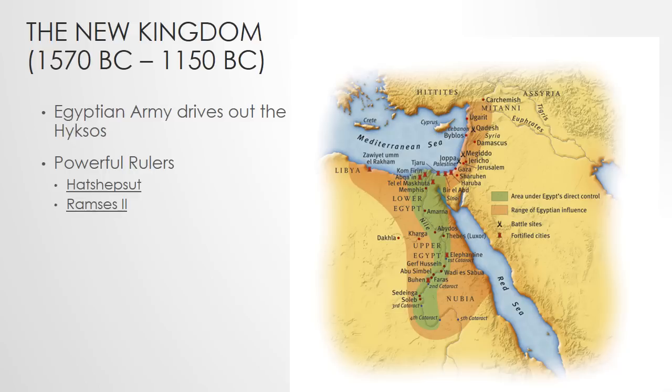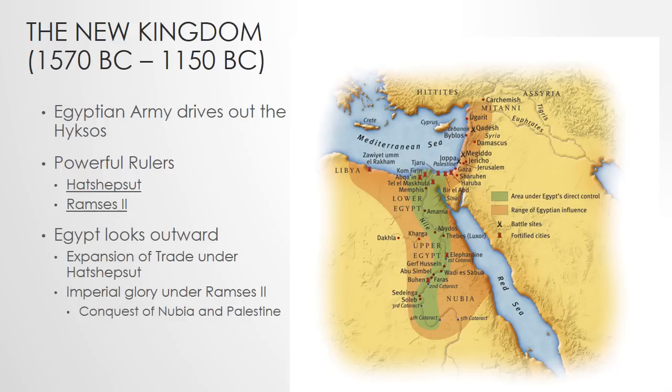The new kingdom is characterized by a number of powerful rulers, the most interesting of which are Hatshepsut and Ramses II. And under these rulers, Egypt begins to expand its power outward, whereas in the Old and Middle Kingdom, Egypt had focused just on controlling the Nile and had always looked inward. Under the New Kingdom, Egyptians begin to look outward, perhaps because they had just been conquered by people from outside.